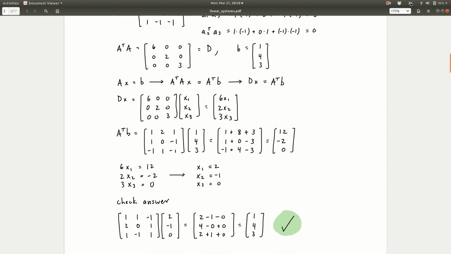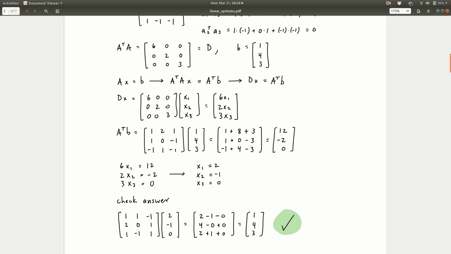And then if we take this, which is Dx, and this, which is A transpose B, and write out the equations, we get 6x1 equals 12, 2x2 equals minus 2, and 3x3 equals 0.